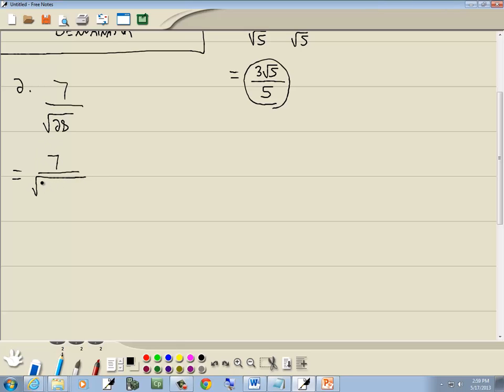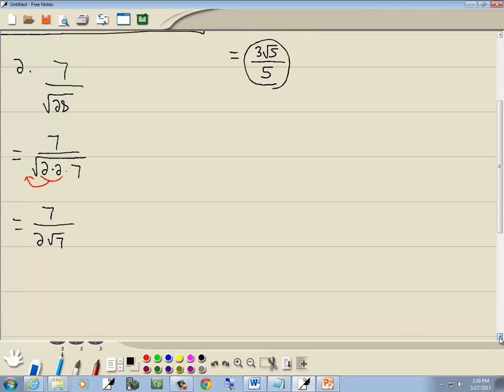Square root of 28. 28 is 2 times 2 times 7. We're looking for a pair of something since we've got a square root. Here's a pair of 2's, so that pair of 2's is going to come out in front. So I'll have 7 over 2 square root of 7.